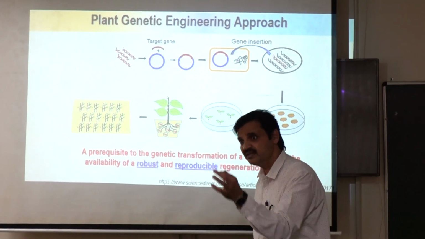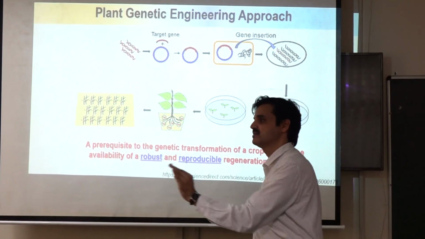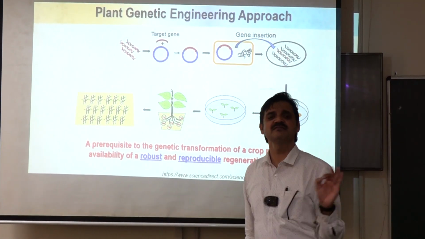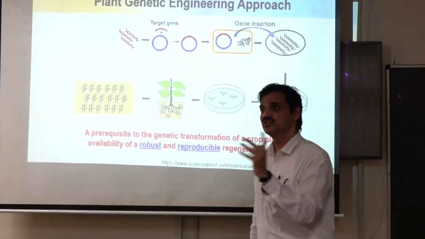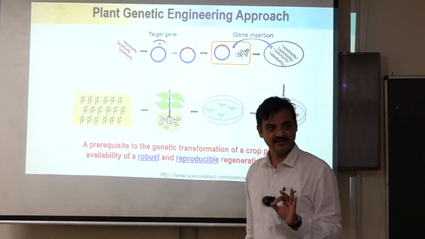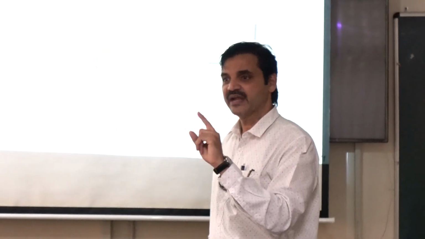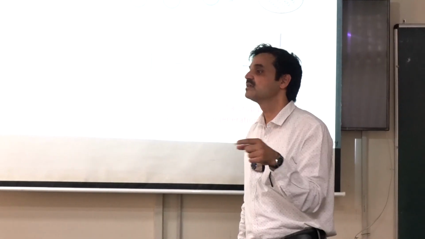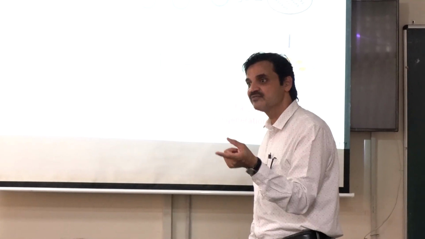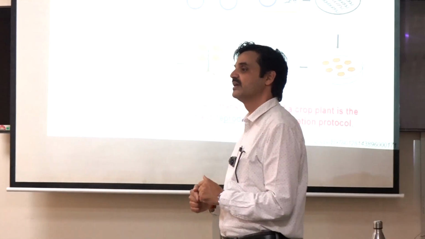But theoretically, every cell has the potential of converting itself into a system, plant or animal, because every cell has all the genes available. The genome is all there. The only thing is that you need to activate those genes and bring the desired phenotypes or desired organ formation. This process is called regeneration, conversion of a single cell into a plant.